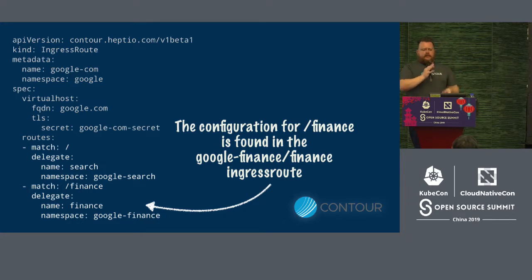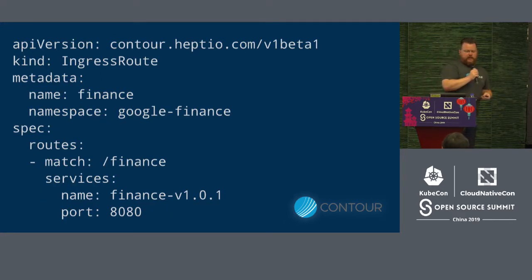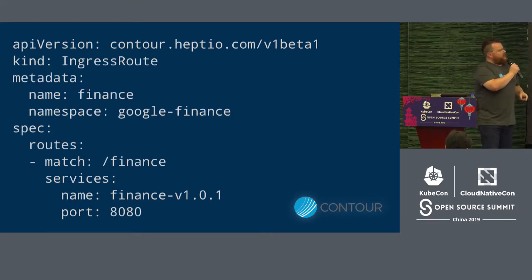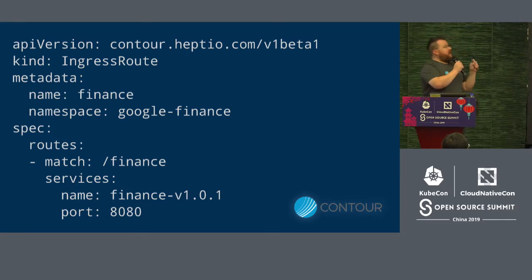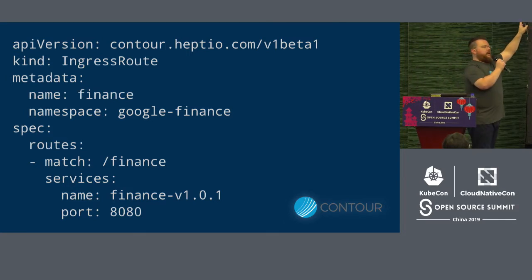So you can think about it like inclusion. Here's the finance document, so the Google Finance namespace, and it has information about who's servicing /finance. It doesn't have a virtual host stanza. This doesn't mention anything about the host it applies to.